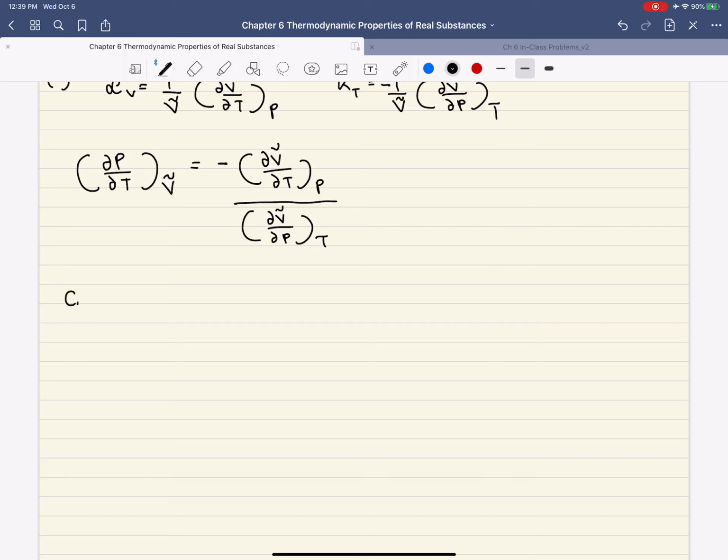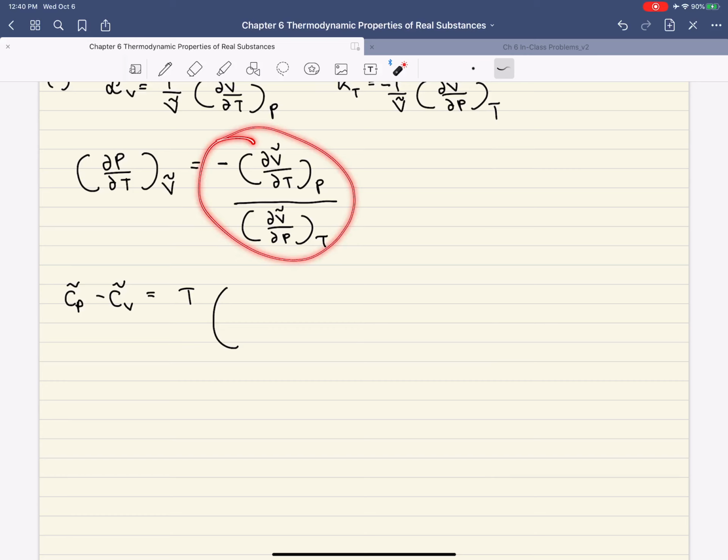All right, so if we take a look at Cp minus Cv, what we have is temperature. And then for the dp/dt term, we can plug in this.